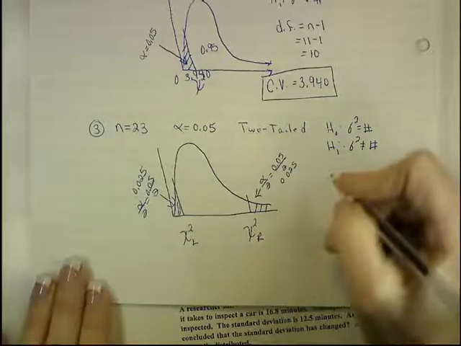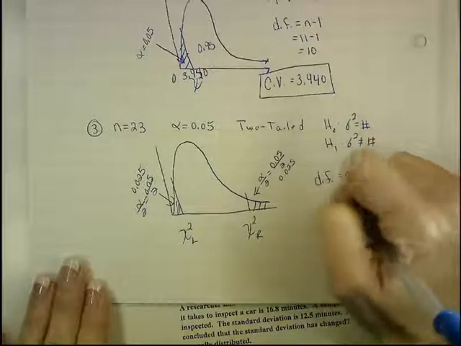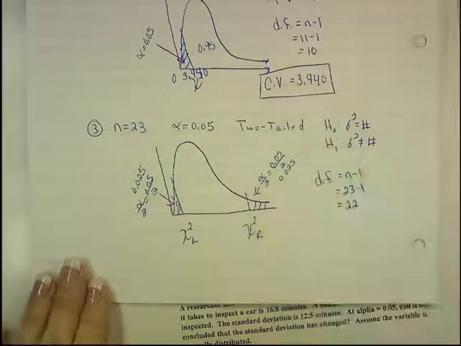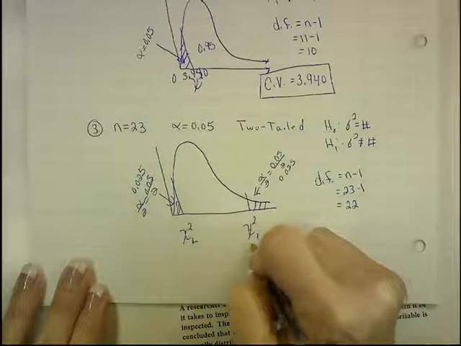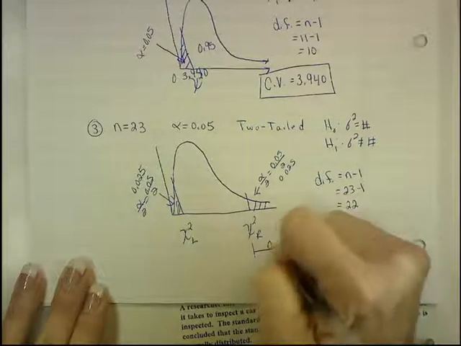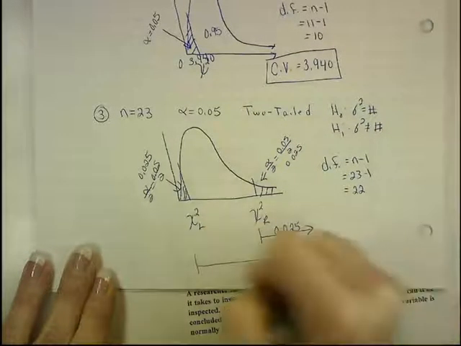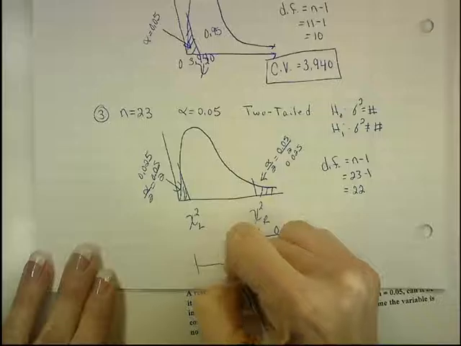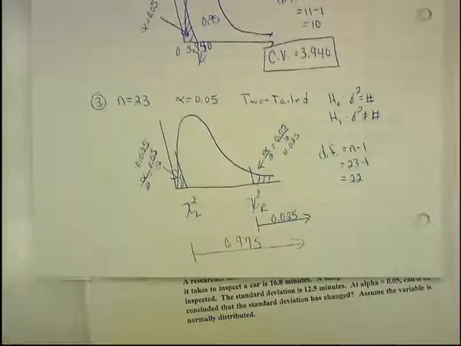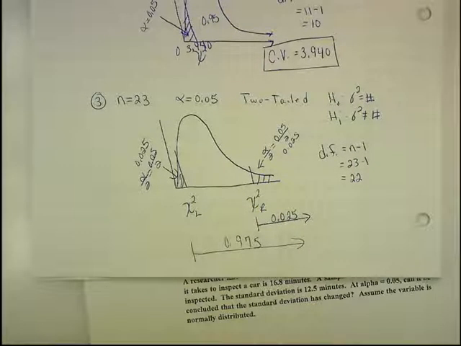You would have to go to row 22, and then the columns you would go to, for chi-square from the right, you would have to go to the column that says 0.025. For chi-square from the left, you'd have to go to the column that says 0.975. And that's because those are the areas that are above these two chi-square values.